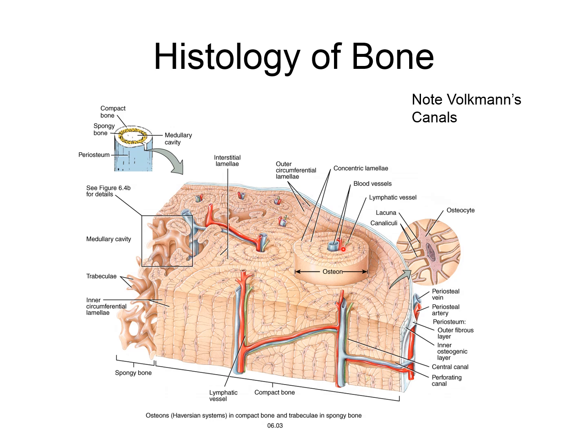From the canaliculi of these osteocytes, the nutrients and oxygen enter the osteocytes in the next lamella and so on until the osteocytes in the outer layer of the bone matrix.